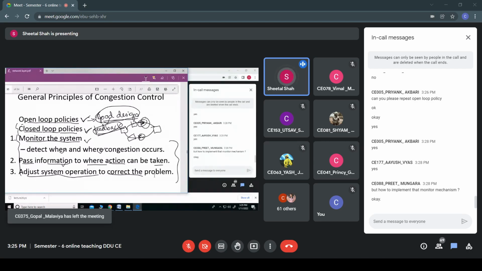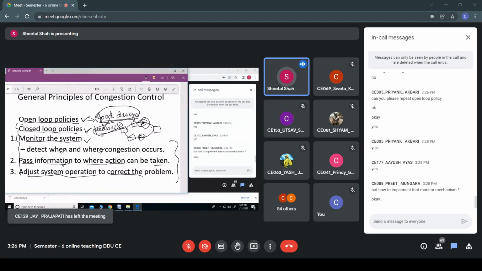How to monitor the system means what? Say suppose if a router is there, and if a host is there, he has sent some 10 packets to the other end. But if it finds that no acknowledgement has been received, by looking at that, it can make a guess that some congestion might have occurred, and that the receiver may not have received the packets.